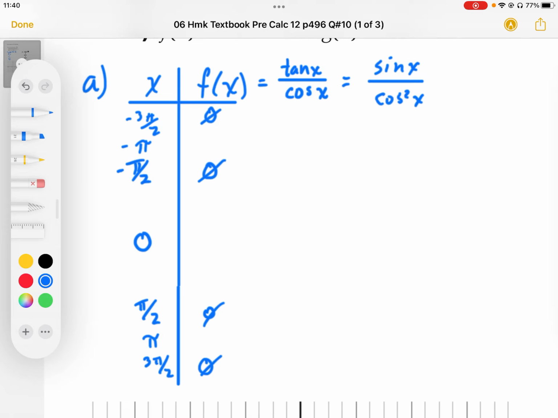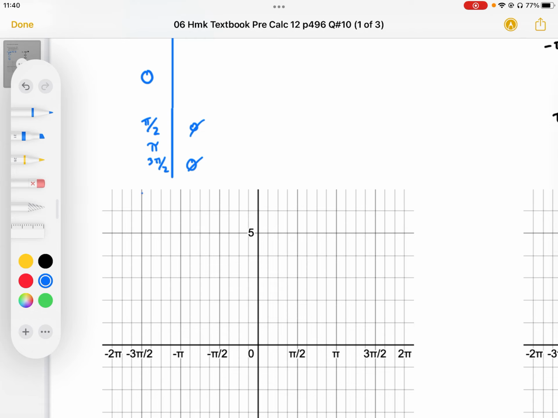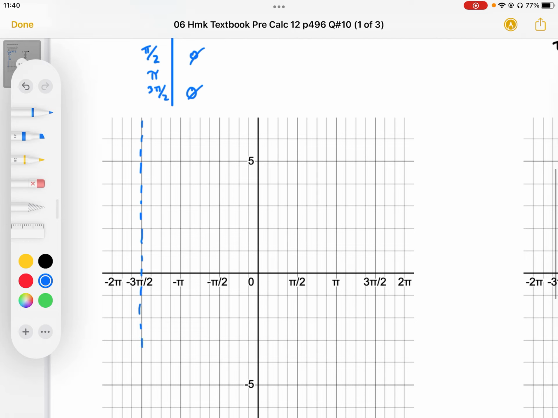So those are going to be where our asymptotes are. So I'm just going to start there and draw in my asymptotes. I'm going to have some asymptotes here, here, here. So we can see that they're going to have an asymptote every pi radians.